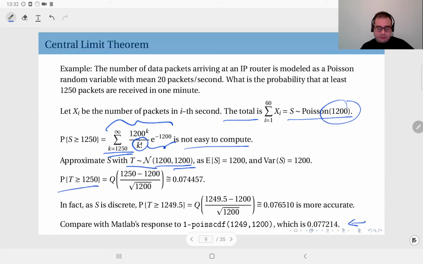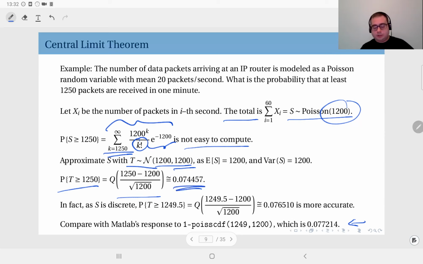I can write this probability of T exceeding 1250 using a Q function: apply the Q function to 1250 minus the mean, divided by the standard deviation. This is the result you get.